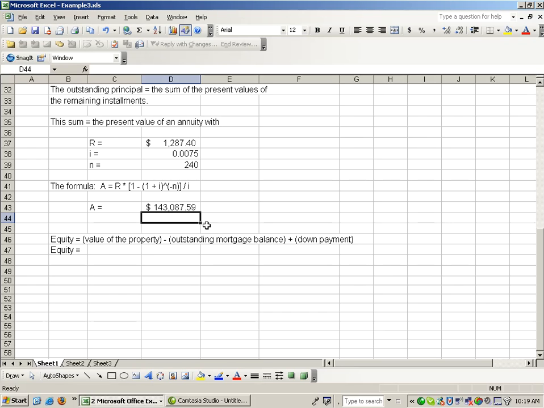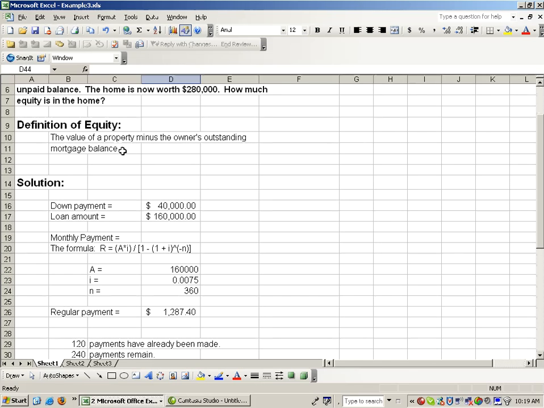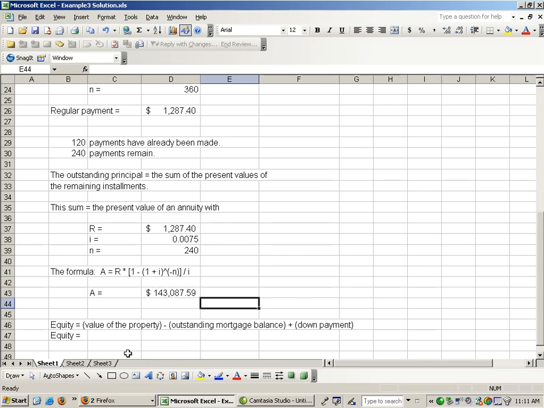This is the present value of the remaining installments. Okay, so equity was defined as the value of a property minus the owner's outstanding mortgage balance. So the owner's outstanding mortgage balance is this $143,000 figure.